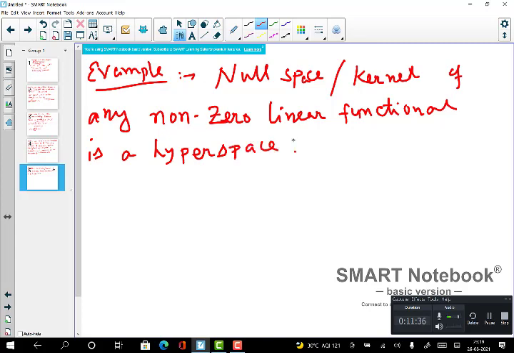That is obvious, right? Because whenever you have a non-zero functional, the rank has to be 1, and hence the null space's dimension is n minus 1, right? Now the question is, what about the converse?